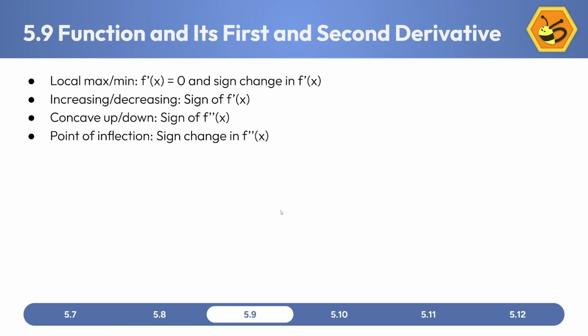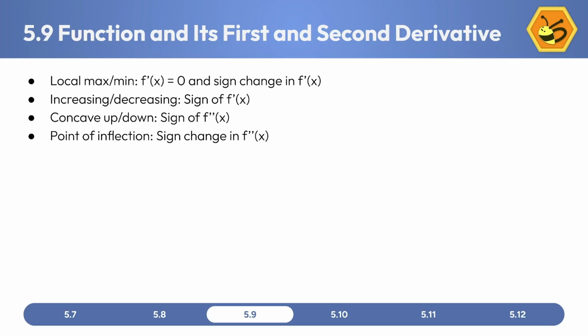Okay, so this is similar to the previous topic. I forget what the exact difference between these two topics is, but just some more relationships between our derivatives. If we have a local max and min, we want to remember that we have a critical point and a sign change in our derivative.